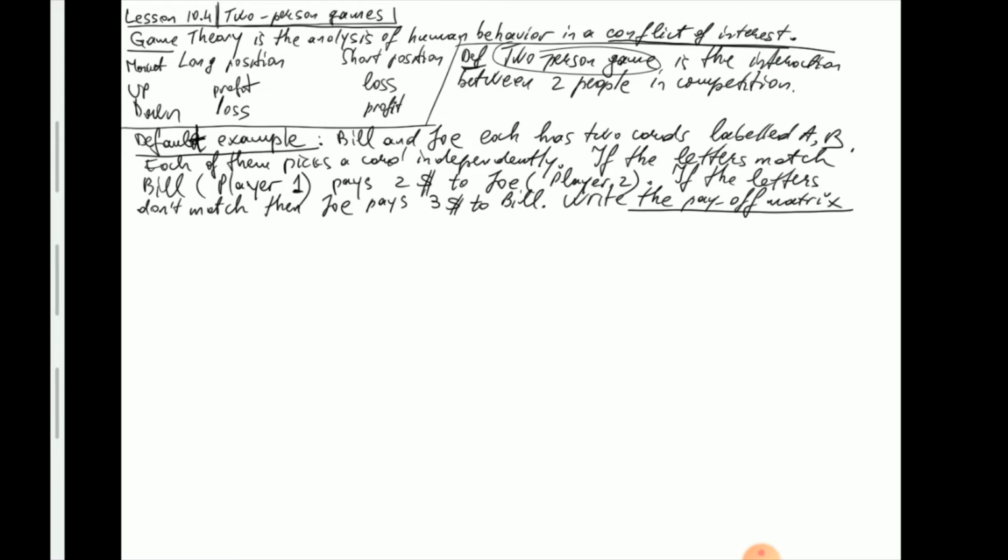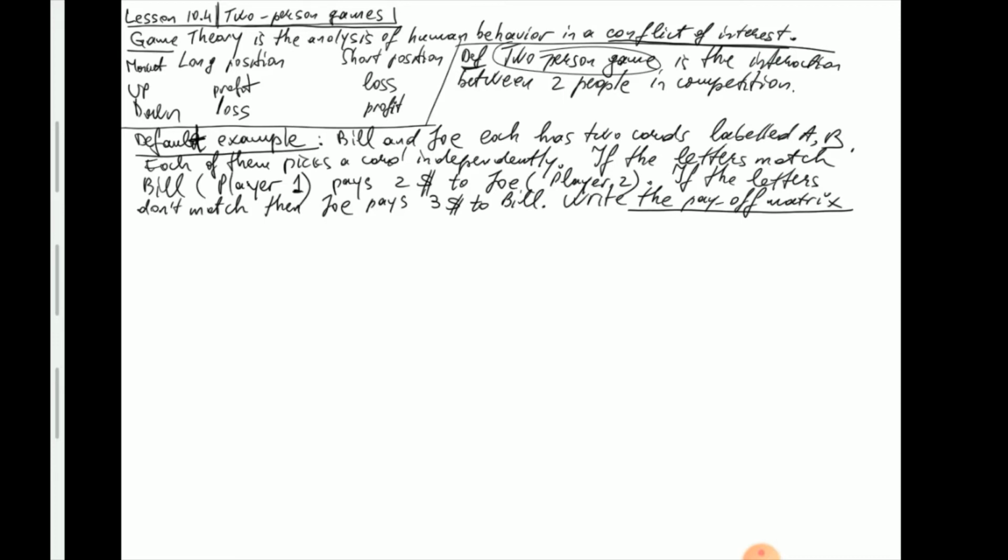To pick the letters A or B independently, and if you can imagine them sitting face to face with the cards face down, they pick one card, they know which card they pick, and then they compare, and there are these two situations. If they match, one pays the other, and if they do not match, the reverse is true, right? The other person pays the first one $3.